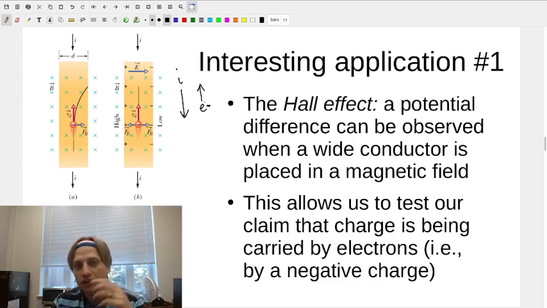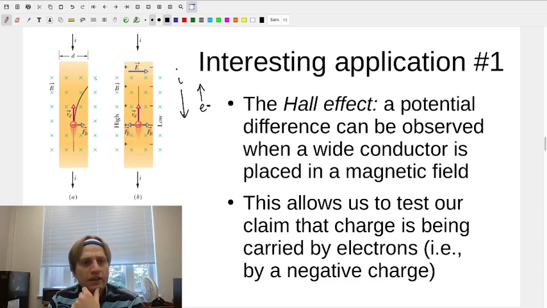But that convention really couldn't have been known at the time when it was made up. Ben Franklin was the one who came up with this idea of positive and negative fluids that can be separated. But which one of those was causing the currents was not known until quite a bit more development. Cathode rays and that sort of thing in the 1880s and 90s.